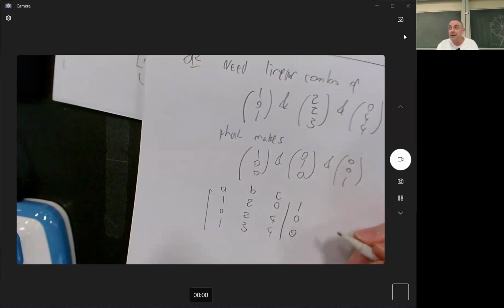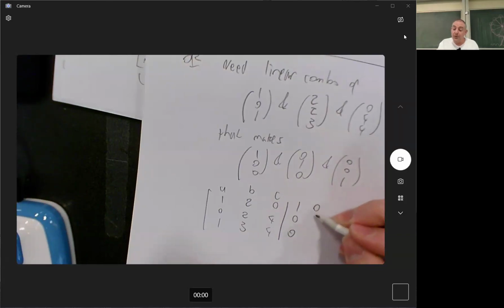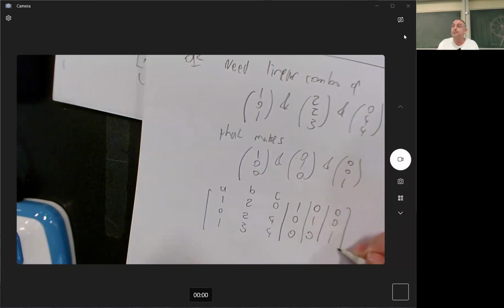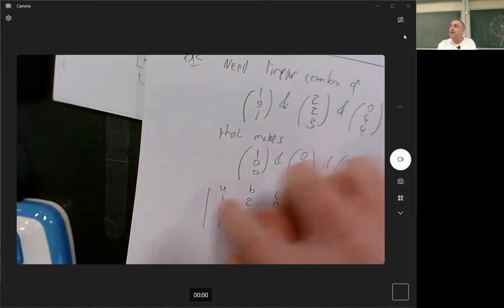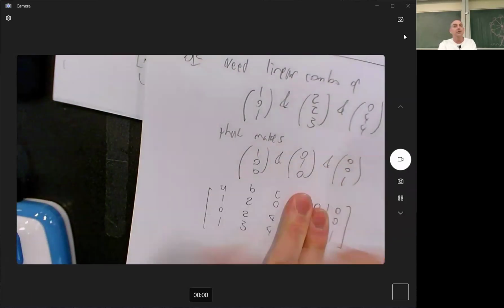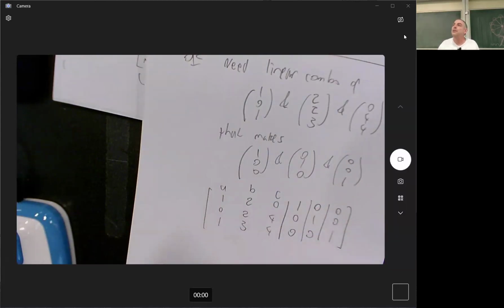But I also need another combination that produces 0, 1, 0, and another combination that produces 0, 0, 1. And so I can just attach all of those answers to the end because the row operations that do this bit are based on this bit, and the row operations that do this equation are also still based on this one. So I can just make a giant matrix and do them all at once.